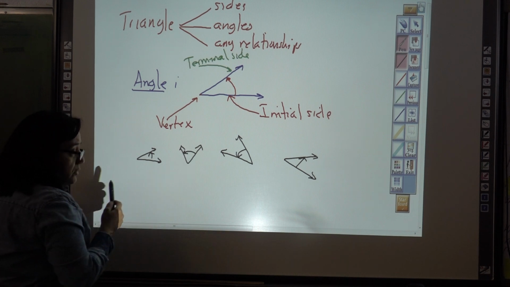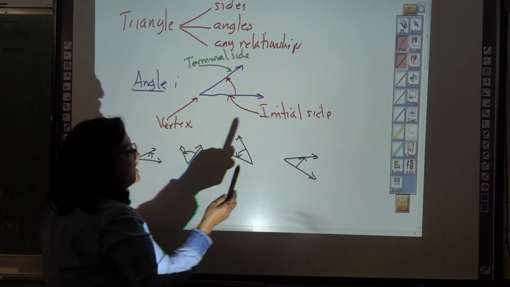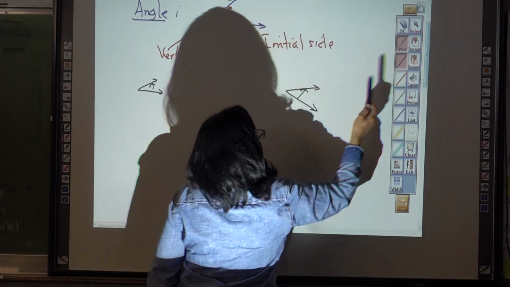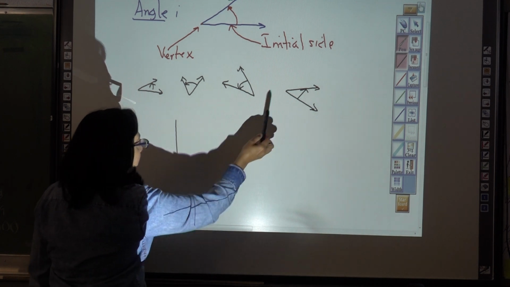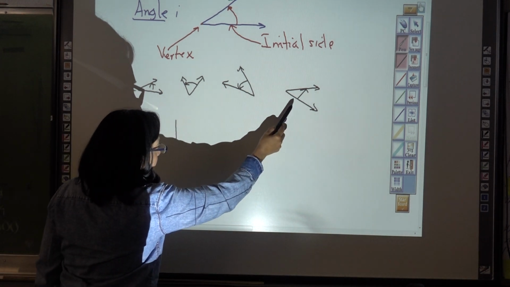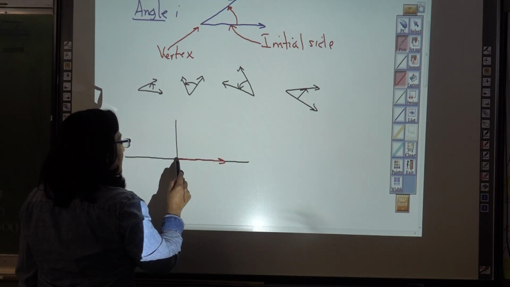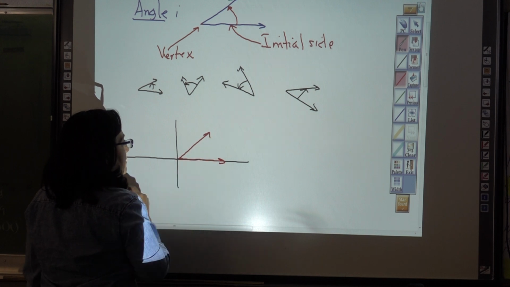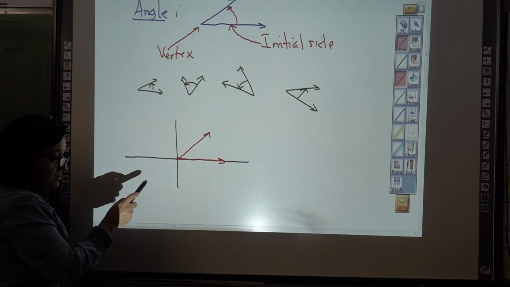But the angles that we're going to study today are in standard position, which means that you're going to have the coordinate plane and locate these angles right here. The initial side, for example, if you're talking about this angle, will be here, and the terminal side will be right there. This is in standard position because the vertex of the angle is the origin.